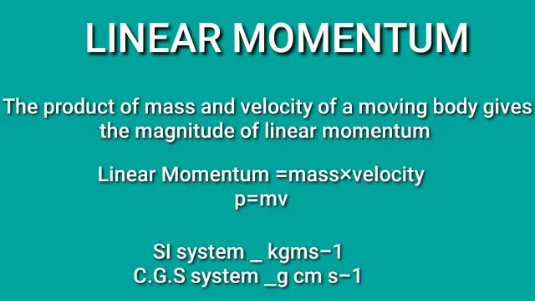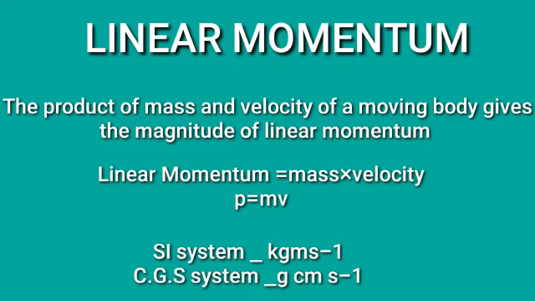The product of mass and velocity of a moving body gives the magnitude of linear momentum. Linear momentum is equal to mass into velocity. Can you memorize this? Linear momentum is equal to mass into velocity. Mass is m and velocity is v.